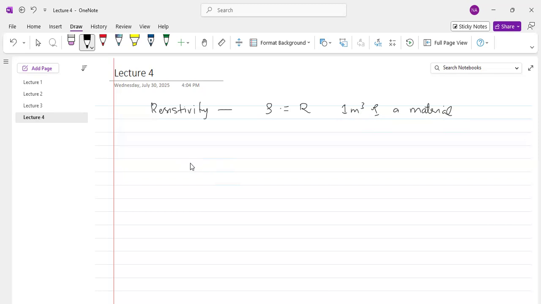Mind you that we have to clarify that it is the property of the material.